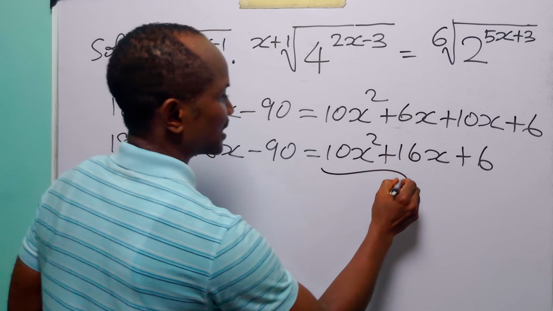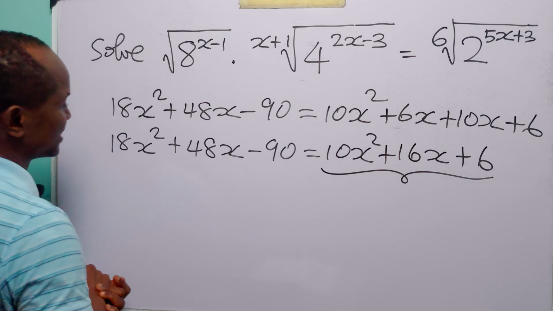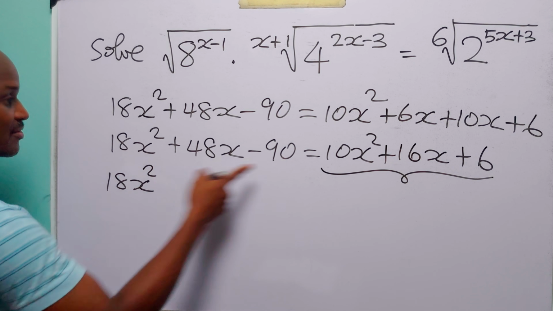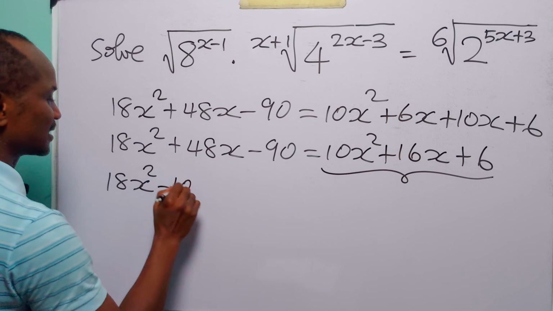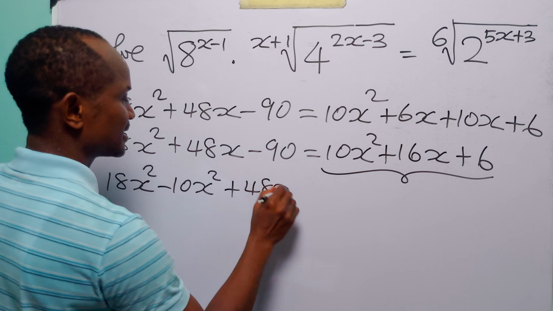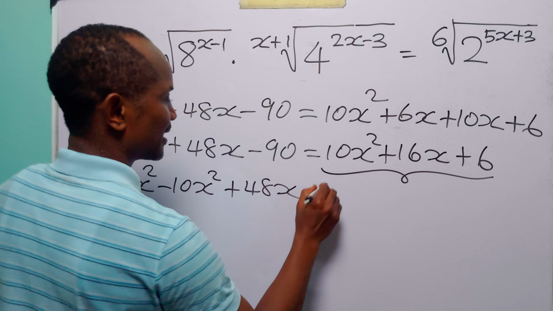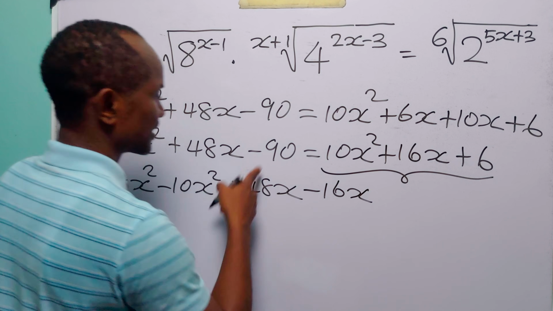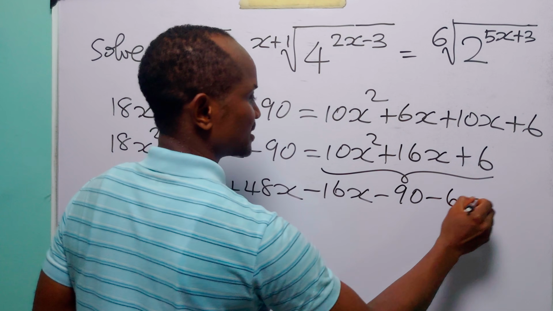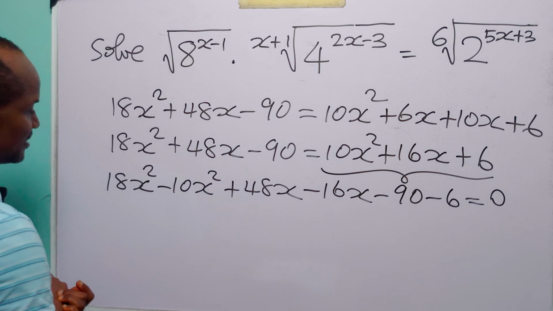Now let us move these three terms over to the left hand side. When we do that, we have 18x squared minus 10x squared plus 48x minus 16x minus 90 minus 6 is equal to 0.